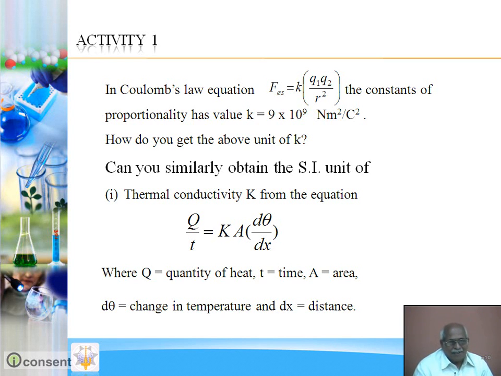Whether we say change in temperature or temperature, the unit is the same. SI unit, Kelvin; practical unit, degree Celsius. dx is distance, so unit is meter. So you know units of all other quantities and therefore you can determine the unit of K. Try and write that. I need not say any more.